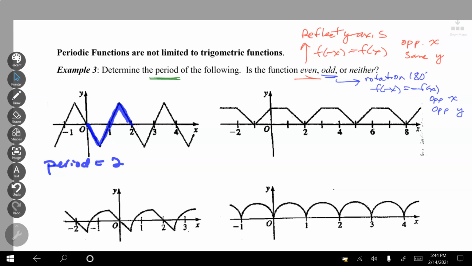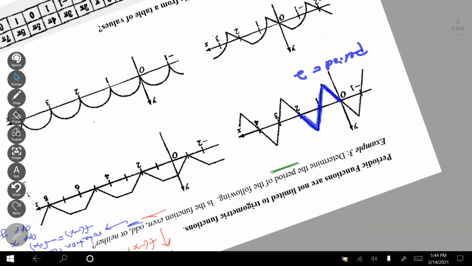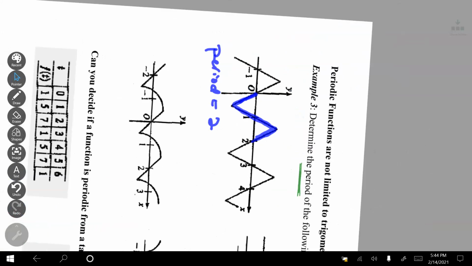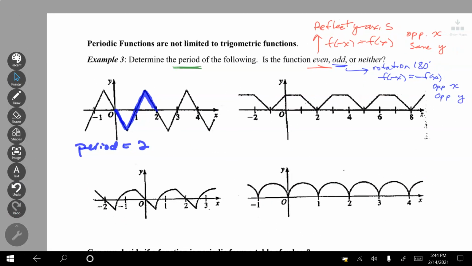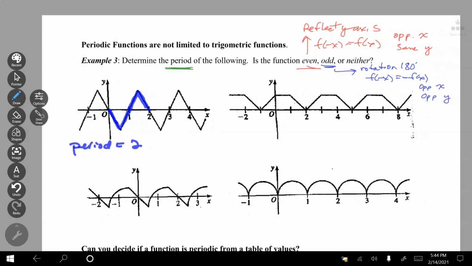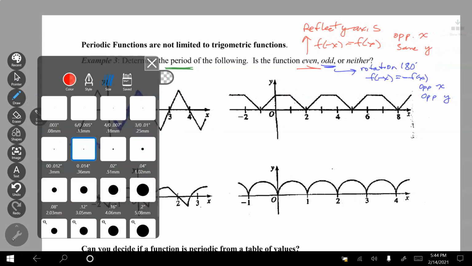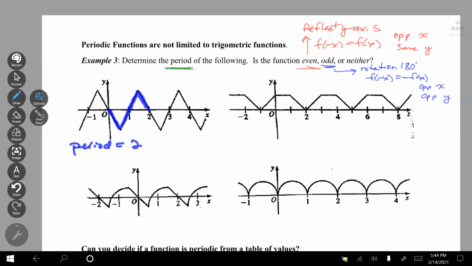And the one thing I could do is see, does it fold over the y-axis? It does not. I could rotate it and realize it's the same picture either way. But if I look carefully, what do I want to choose?